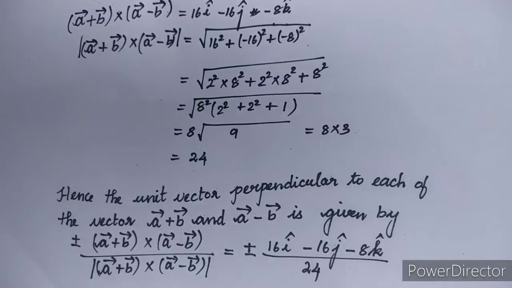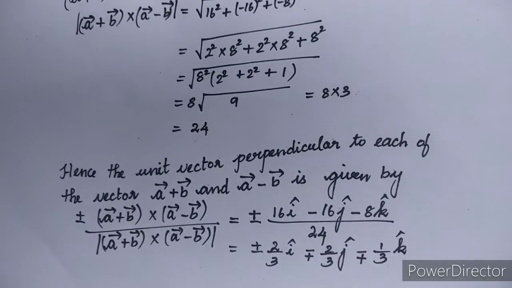Divide by 24. Divide each and every term by 24. So we will get plus or minus 2 by 3 I cap minus or plus 2 by 3 j cap minus or plus 1 by 3 k cap.